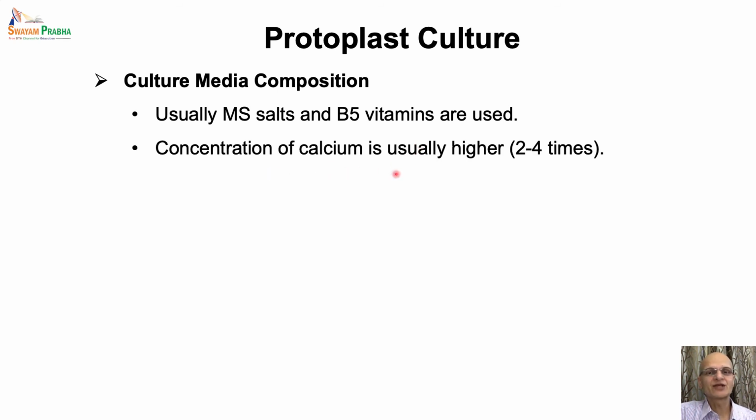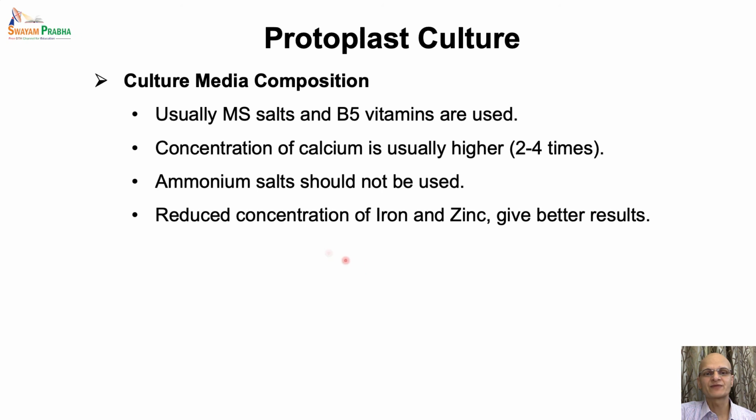Calcium is required at higher concentrations. Usually 2 to 4 times higher concentrations are required as compared to the media used for the in vitro regeneration cultures. This is specifically required for the membrane stability of these protoplasts.